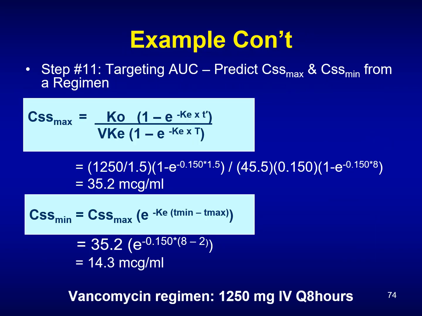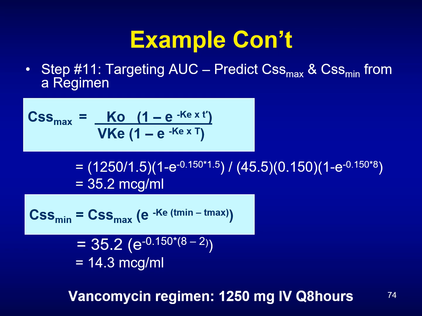With this rounded regimen of 1250 milligrams every 8 hours, we'd like to predict what Cmax, Cminimum, and AUC this provides. The equations are the same as before. However, please note the Cminimum calculation here. In this case, Tminimum, the time at which minimum concentration happens, is at hour 8, since we're on an 8-hour dosing interval.